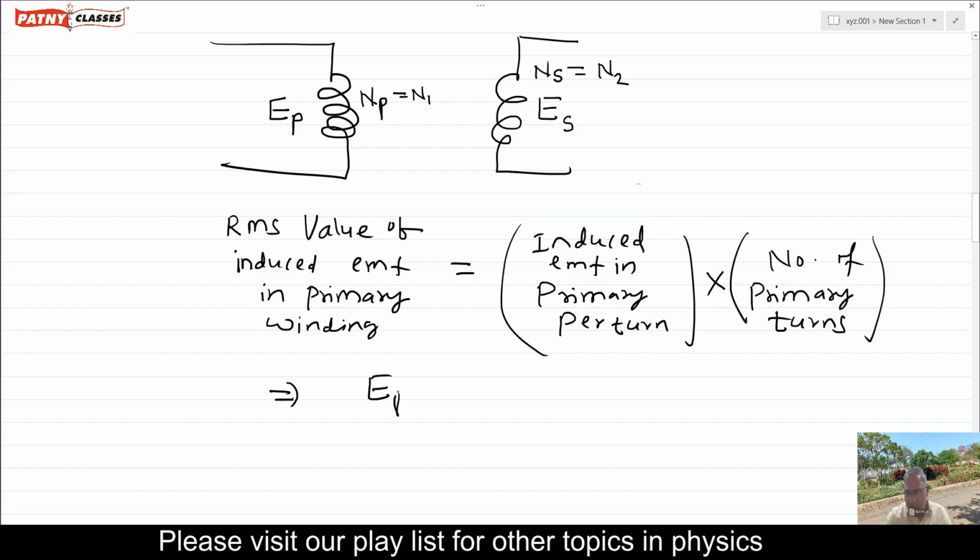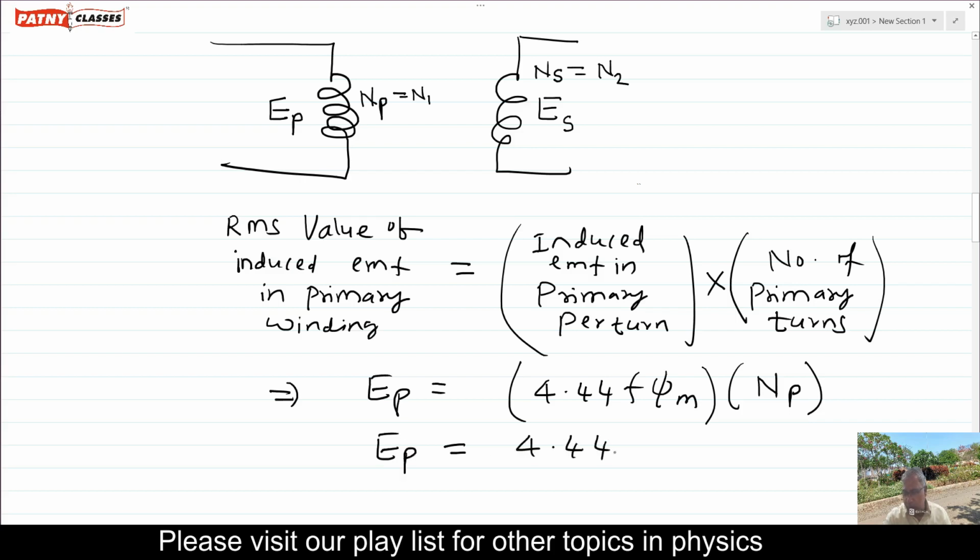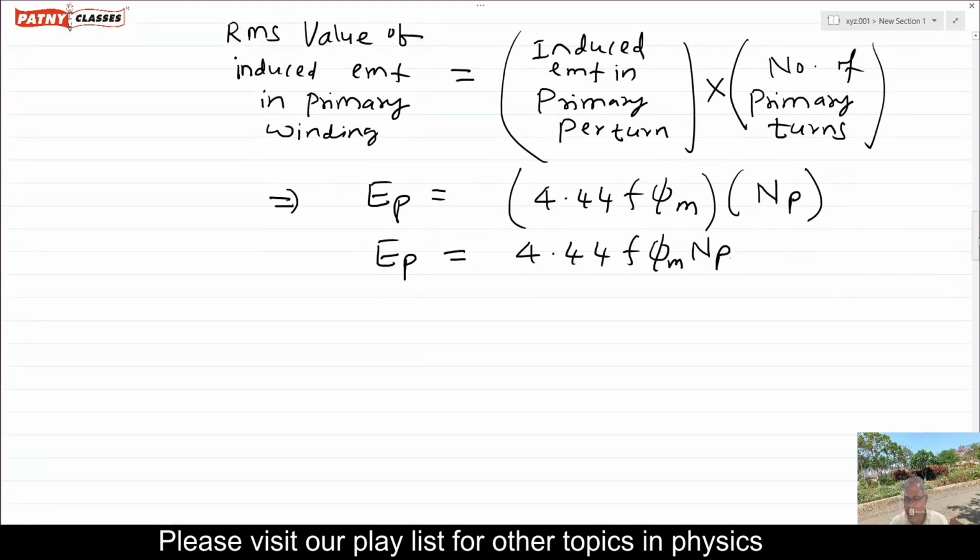This implies EP equals 4.44 f phi m multiplied by the number of primary turns, that is NP. Therefore, EP equals 4.44 f phi m NP, and the unit is volts.